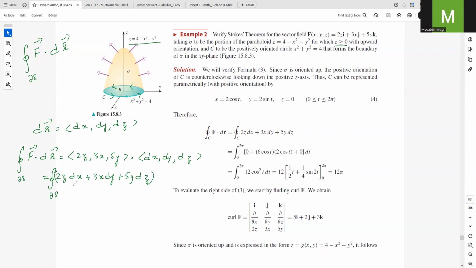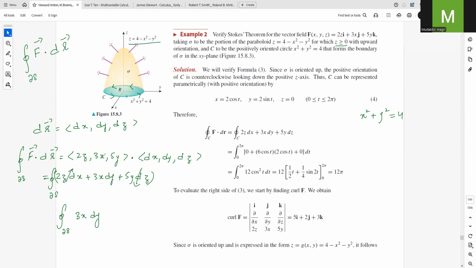Now the boundary, we already talked about it, is sitting on the xy plane. So the terms having z simply vanish, and we are only left with the term with x and y. So we need to integrate only this term here, 3x dy.